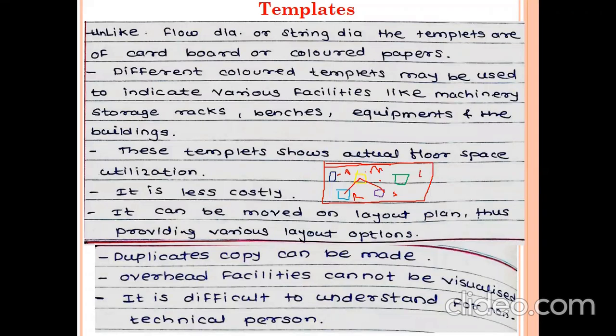And if any new person comes and looks at this diagram, he may not understand what these different colors are. So these are the disadvantages, but preparation of this is very easy, it is less costly, and it can be shown on the layout plan. So this is called the templates, which we have to study.